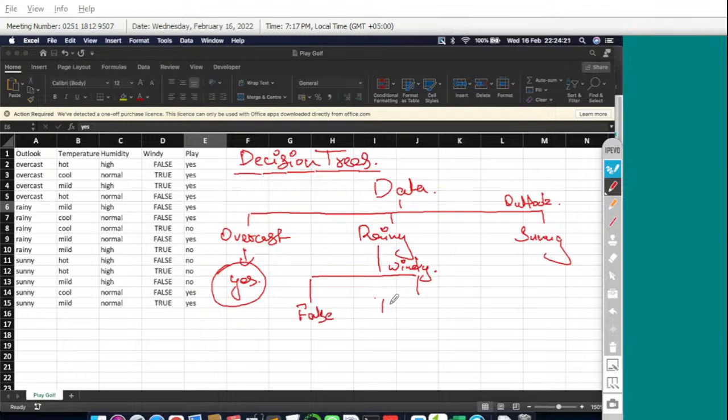true. So in rainy, if windy is false, we are playing, yes. And if it is true, we are not playing at all. That's the termination of the tree. In sunny, we are checking the humidity.